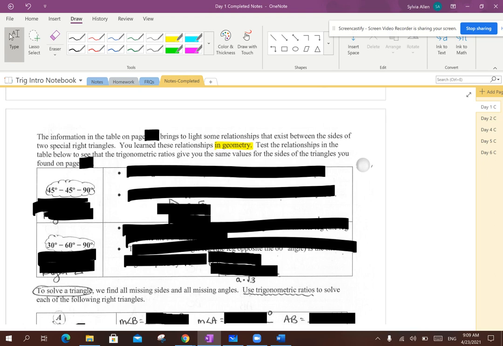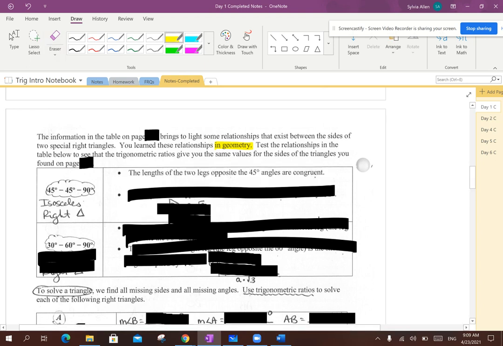So let's take a look at a 45, 45, 90. We have what is called an isosceles right triangle. In other words, 2 sides are the same. So one of the things that we have is that the lengths of the 2 legs opposite the 45-degree angles are congruent. All right.